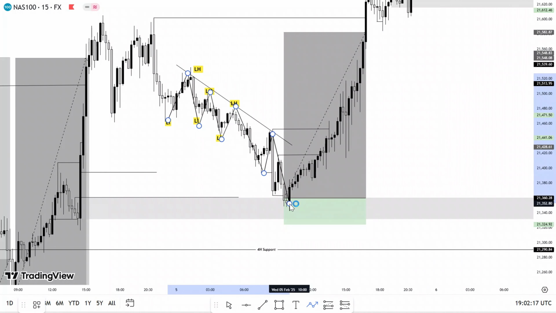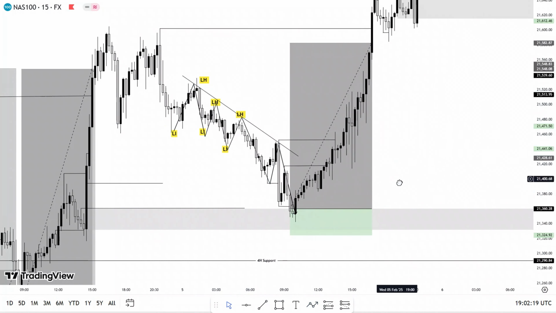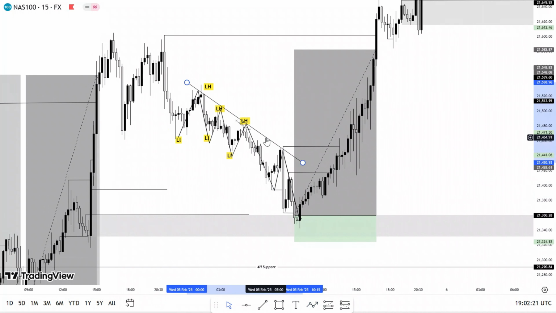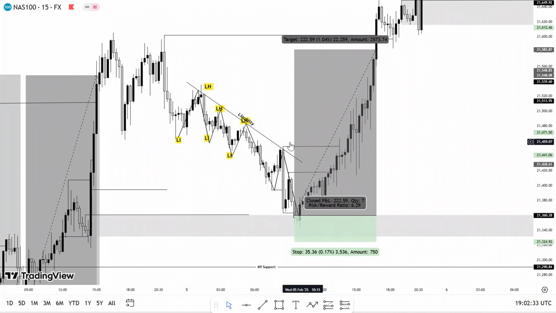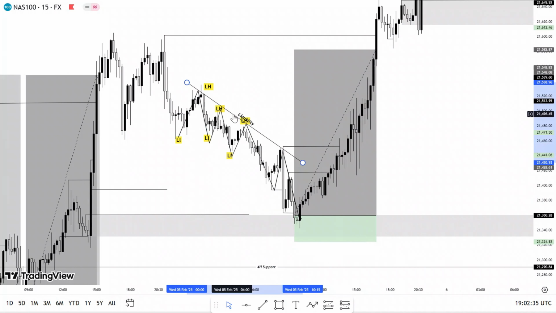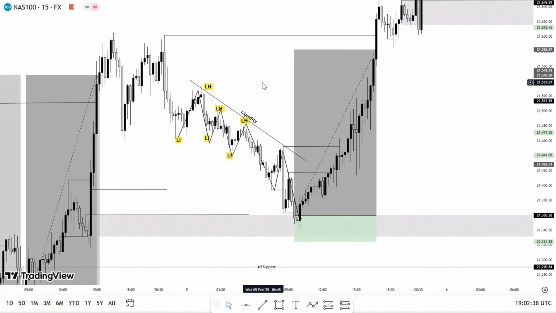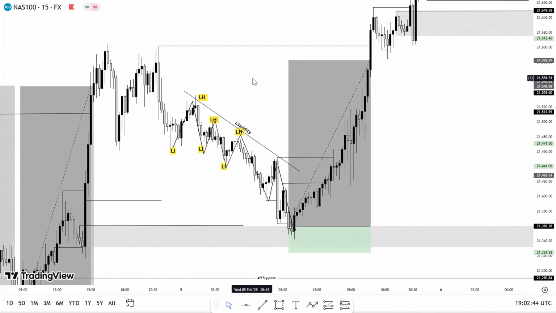Now, as soon as the market got to my point of interest, this upside here, there's liquidity resting above it. Let me put that at the top. There's liquidity above it, which means the market needs to clear out that liquidity before moving in the up direction.